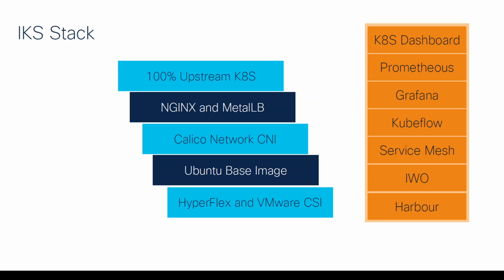For load balancing, we're using Metal LB for layer 4 load balancing, and Nginx for layer 7 load balancing. And then, as I mentioned, we're installing 100% upstream Kubernetes software, which means you have no vendor lock-in with Cisco. If you've deployed this cluster with Intersight, you can later manage it with another platform if desired.